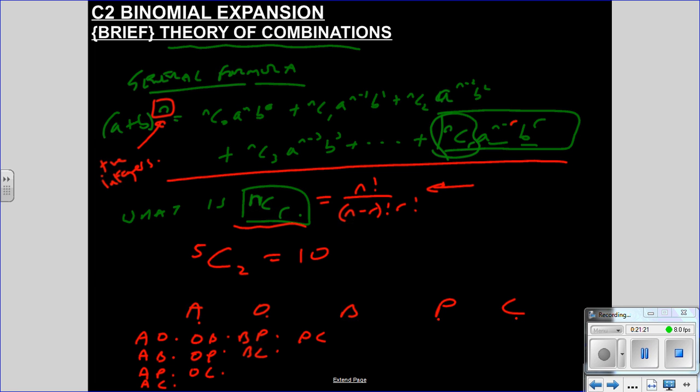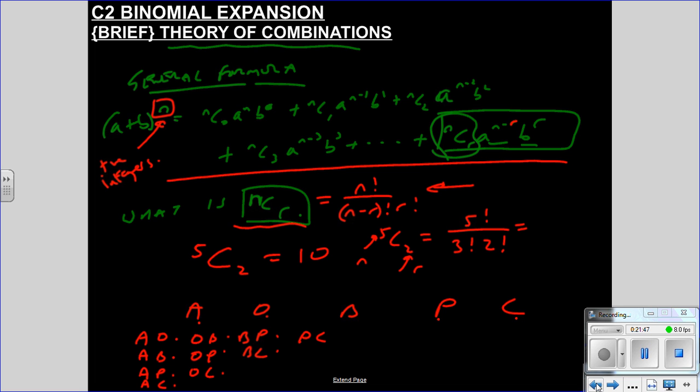Fantastic. And let's see that in action with our formula that we've written here. So 5 choose 2 is the same as n factorial. So n, remember, was 5, so 5 factorial, all over n minus r, so 5 minus 2 factorial, 3 factorial, times by r factorial, and r, remember, was 2. So, can you see, we can write this out a lot easier.